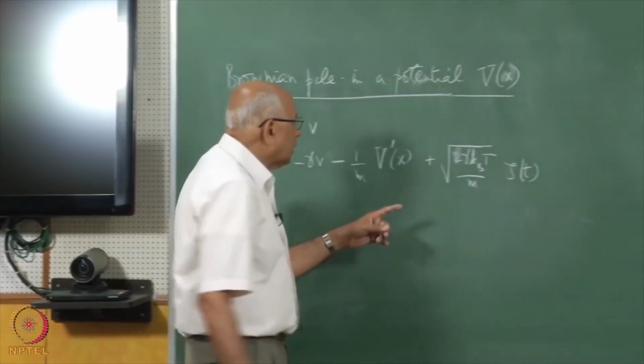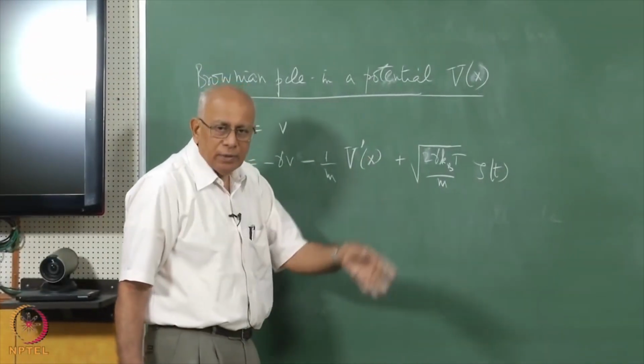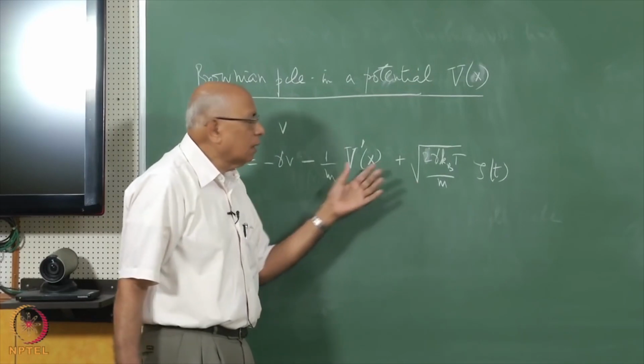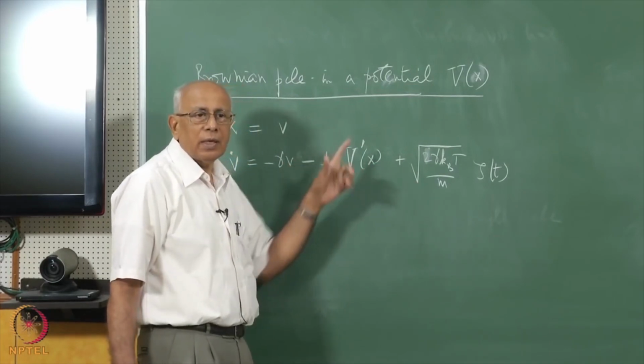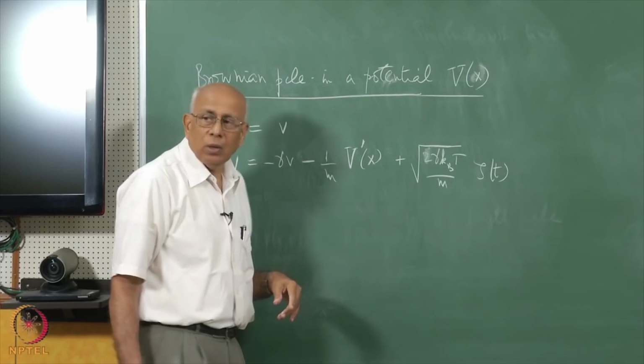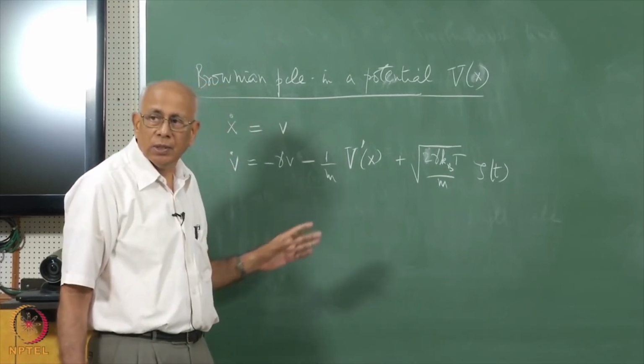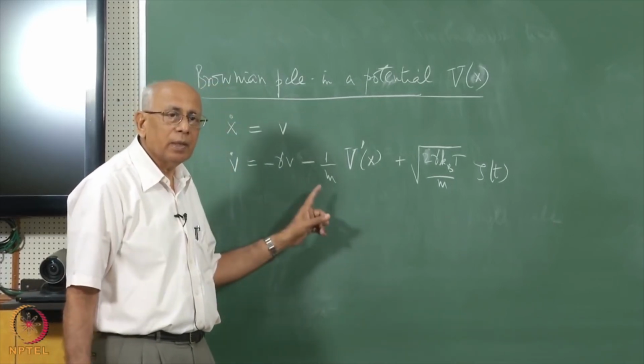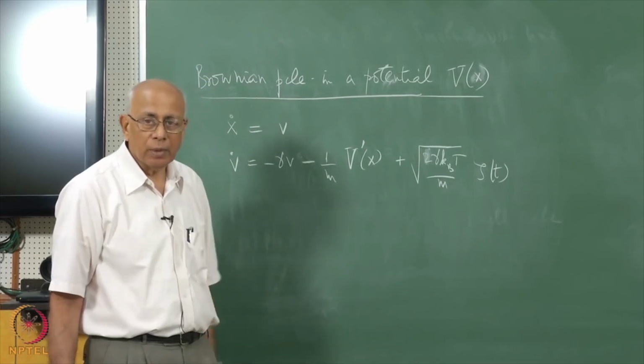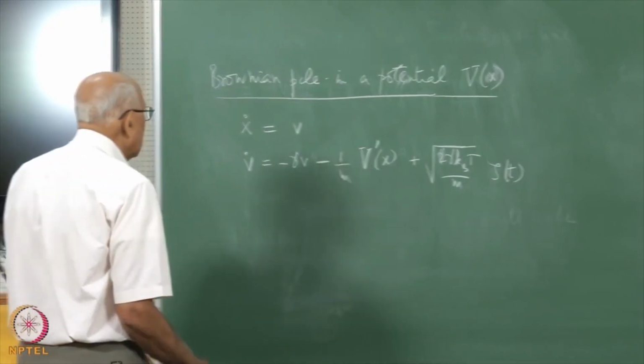If it is a linear function, this becomes a constant, like gravity for instance. If it is a quadratic function, it is like the oscillator problem. But in all other cases, the equations of motion themselves become nonlinear in the dynamical variables, and that is going to make it complicated.